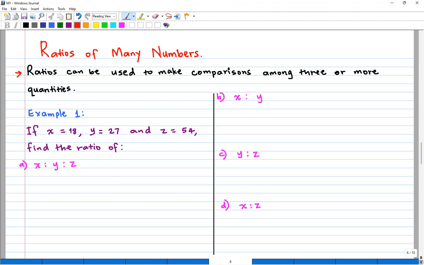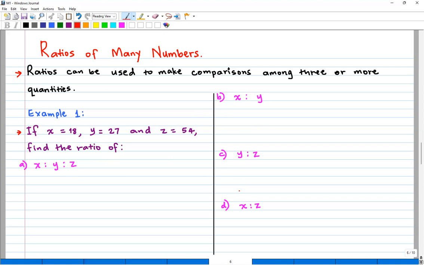Let us see an example. If x is equal to 18, y is equal to 27, and z is equal to 54, then find the ratio of x to y to z. B, x to y. C, y to z.